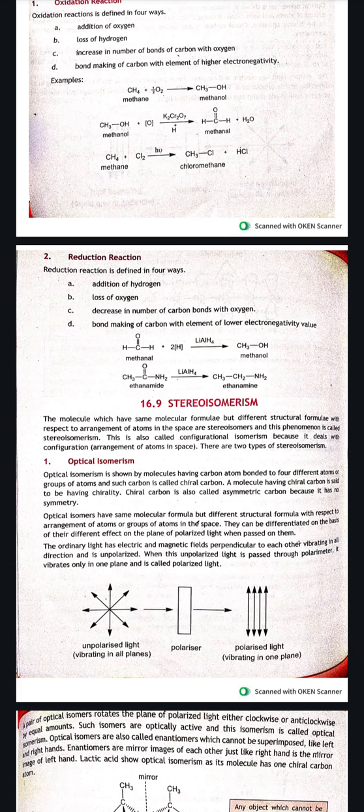Oxidation is addition of oxygen, loss of hydrogen, and increase in the number of bonds, bond making of carbon with an element of higher electronegativity. Methane will react with oxygen to give methanol. Methanol will react with atomic oxygen, and after that methane will react with chlorine to give chloromethane. So these are the reactions that are oxidation reactions.